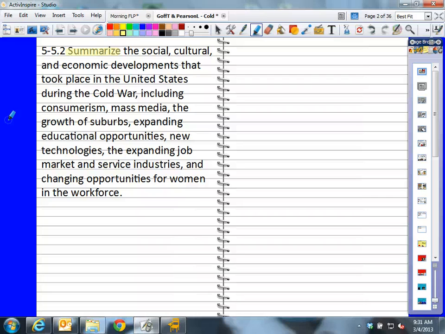So you're going to be summarizing the social, cultural, and economic developments that took place in the United States during the Cold War, including consumerism, mass media, the growth of suburbs, expanding educational opportunities, new technologies, the expanding job market and service industries, and the changing opportunities for women in the workforce. So all these are things that we'll be working on during this lesson. If you would, go ahead and set this up in your notebook. I'm going to continue on in the lesson.